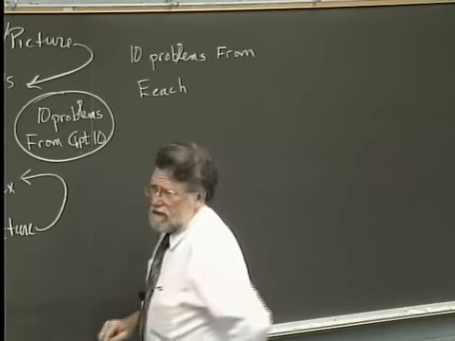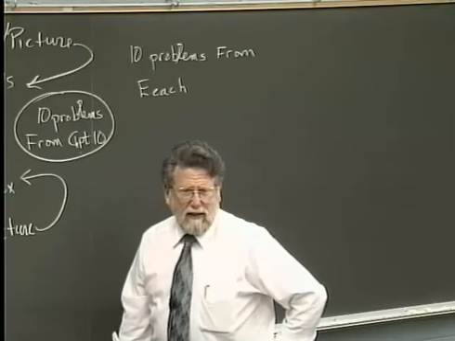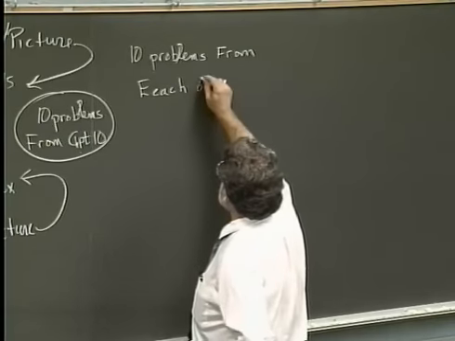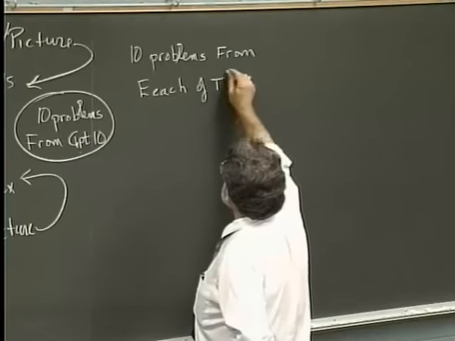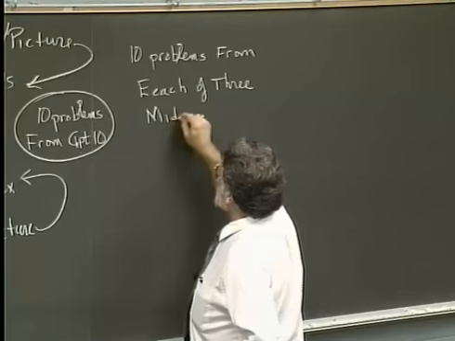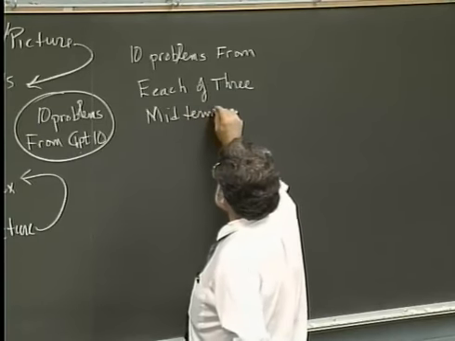Oh, that's interesting, because if I do it from each, we've had 3 exams, haven't we? We'd be a total of 40. So 10 problems from each of 3 midterms. I think that's what you should count on.